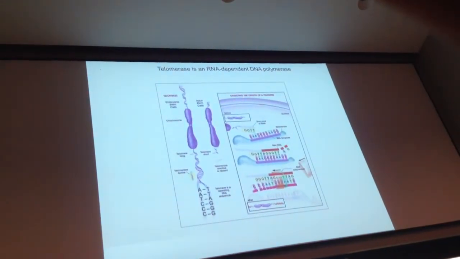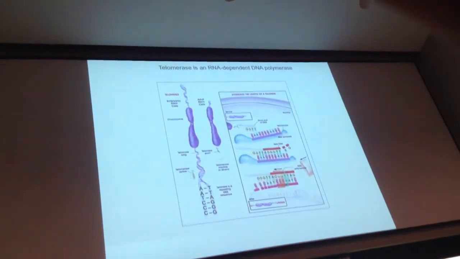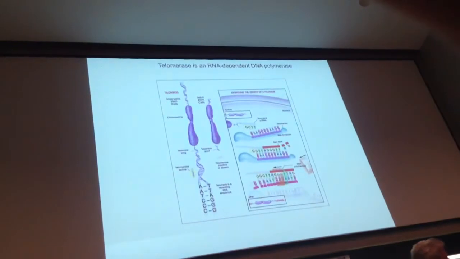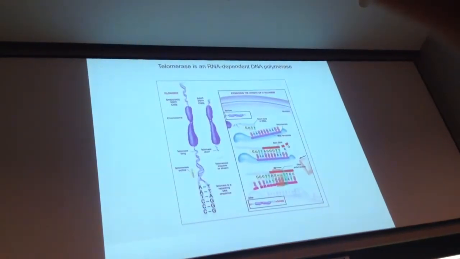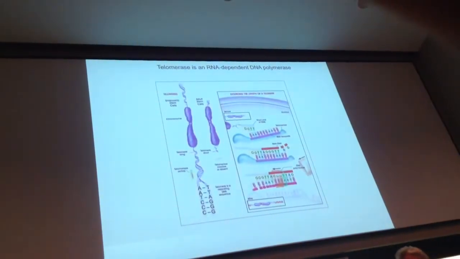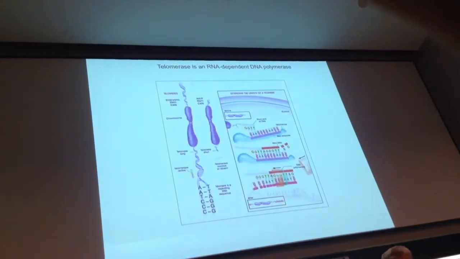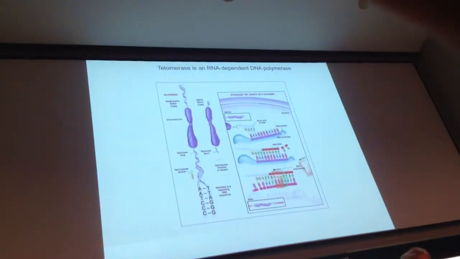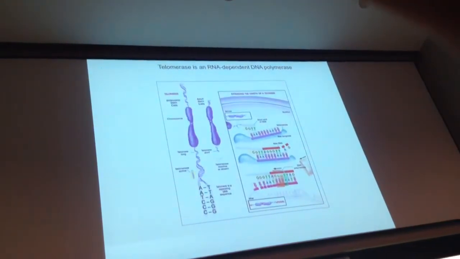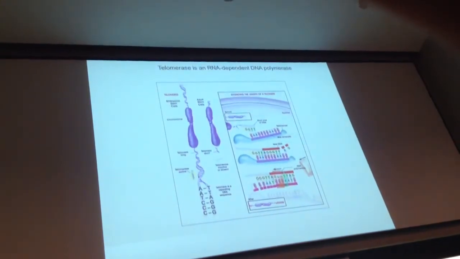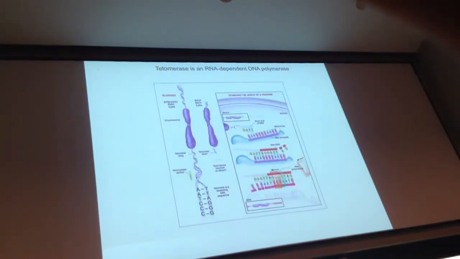This guy, telomerase, what's it using as a template? That RNA is in there, right? So these are RNA-dependent DNA polymerases. What other enzymes are like that? Reverse transcriptase. Reverse transcriptase in viruses, and I'll show you that in a minute. So this is like reverse transcriptase, and it looks very similar.